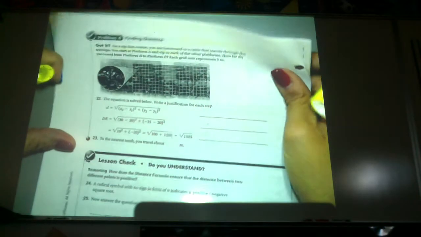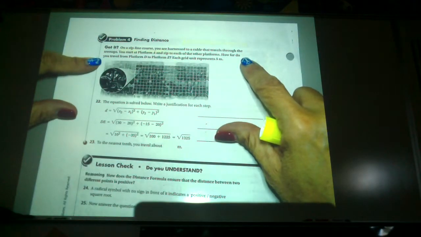So then look at the last problem. It's a little hard to see, but you've got the zip line course here. Real hard to see, especially with this copy. On a zipline course, you're on a harnessed cable that travels through the treetops.